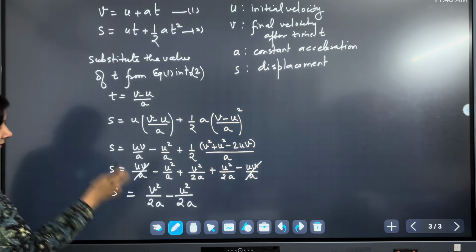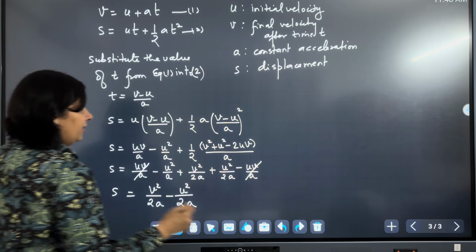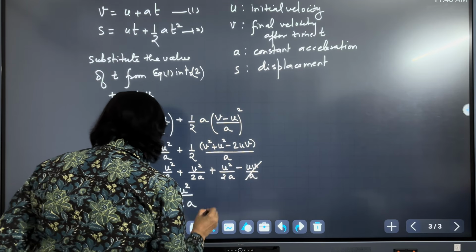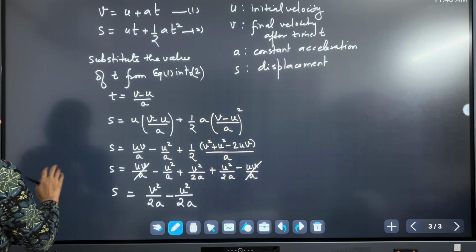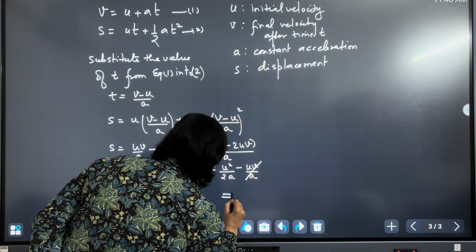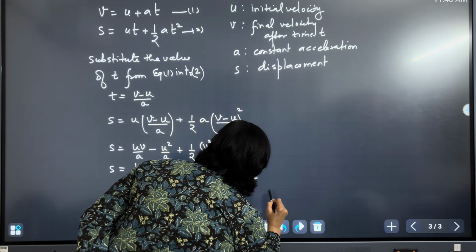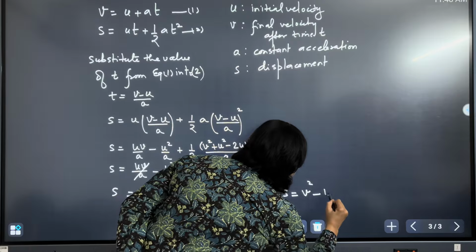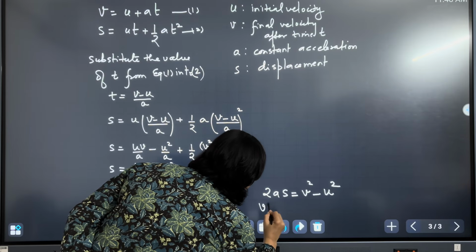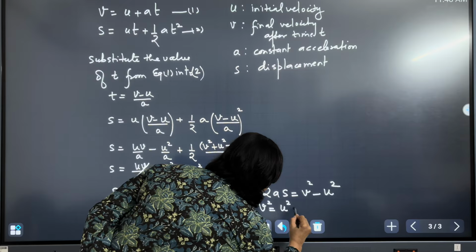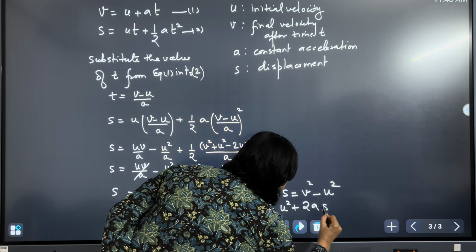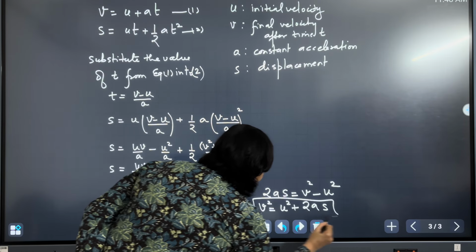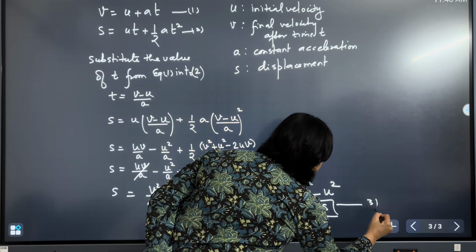2a you take on the left hand side. So what we get here is 2as is equal to v square minus u square, or v square is equal to u square plus 2as. This is the third kinematic equation.